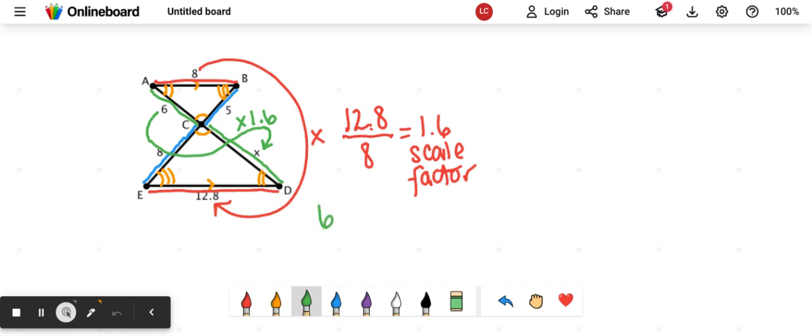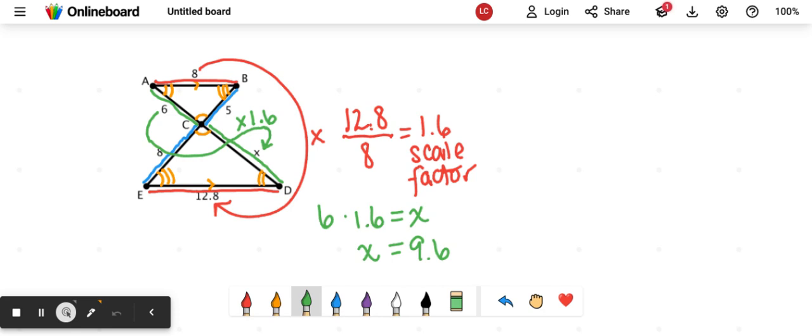So 6 times 1.6 is equal to X. And so if I calculate 6 times 1.6, I get 9.6. So the missing side X is equal to 9.6.